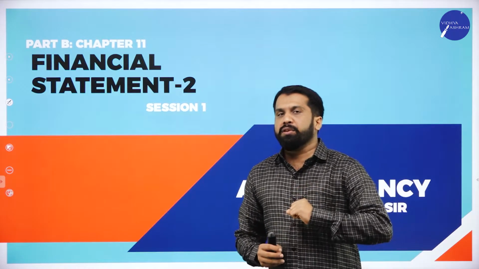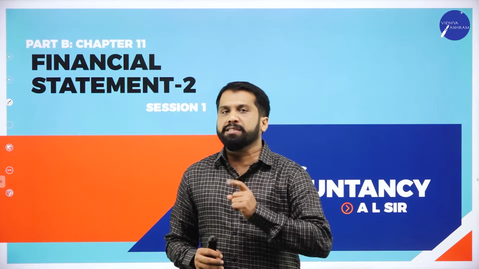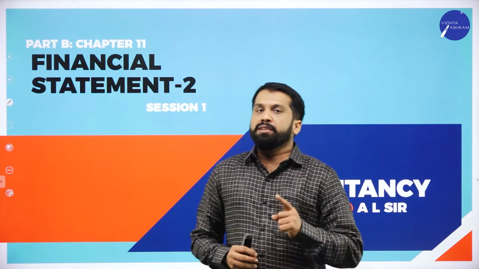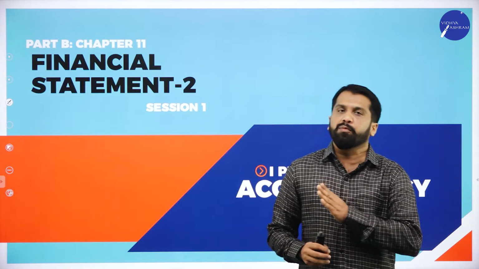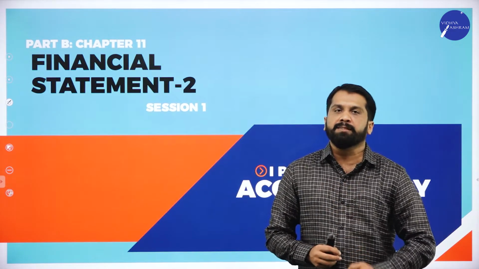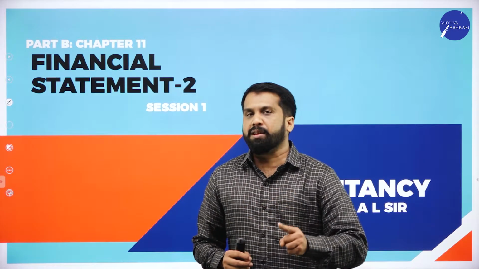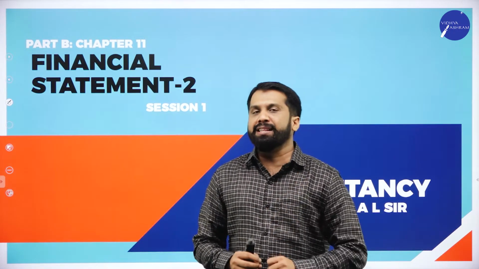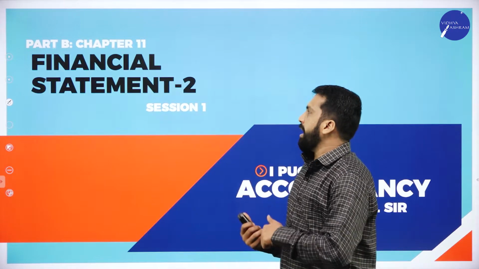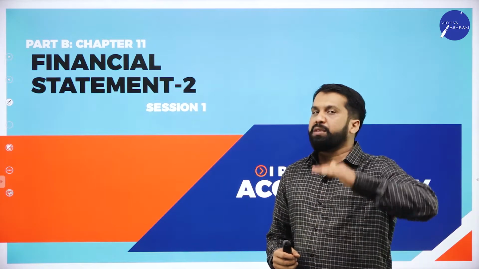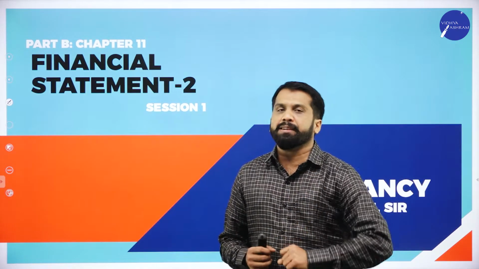As I told you, you will get one question for 6 marks and one question for 12 marks. Your Financial Statement 1 will come for 6 marks. You need to prepare only trading account, profit and loss account as well as balance sheet. But in Financial Statement 2, you have to prepare the complete financial statement.